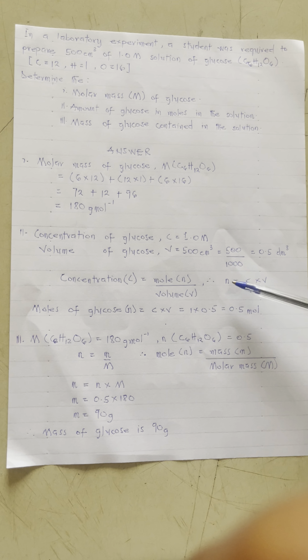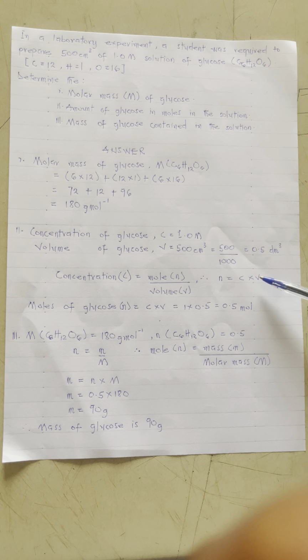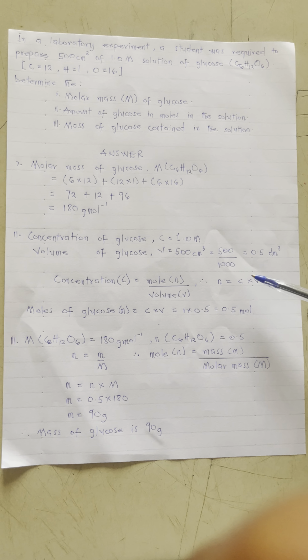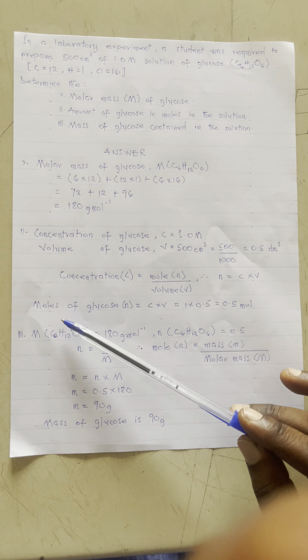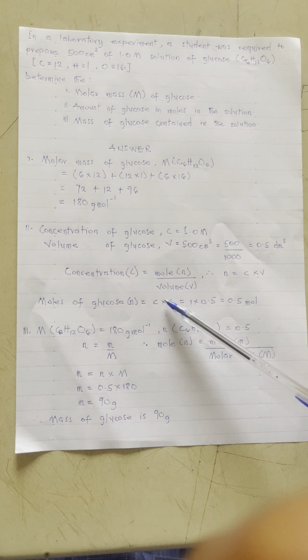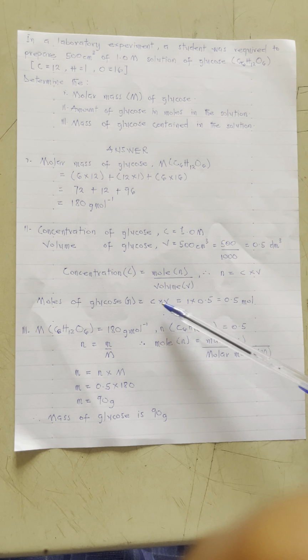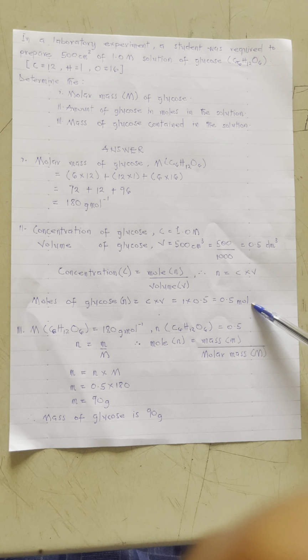So from here, we can say mole is equal to concentration times volume, as we can see. So the mole of glucose, which is n, we are looking for, we know the concentration, we also know the volume. So we fix our values into it, and that will give us 0.5 mole.